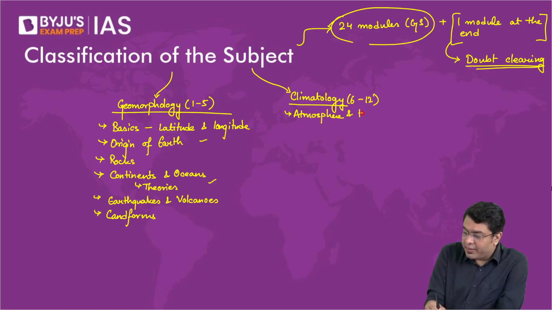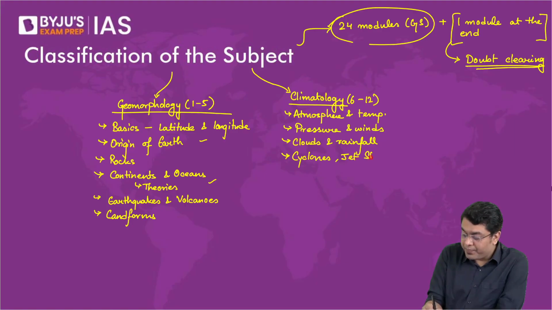So, from atmosphere and temperature, that is where we are going to initiate the discussion, and then pressure and winds, clouds and rain, then cyclones, jet streams, etc. So all this we are going to study in order to understand the Indian monsoon.